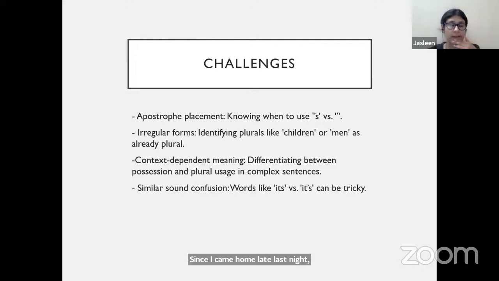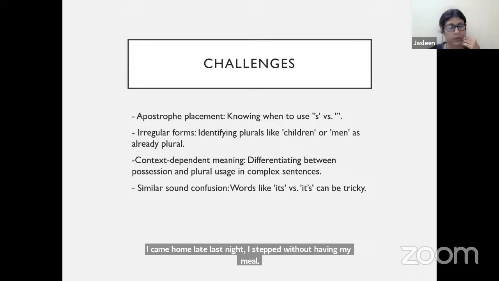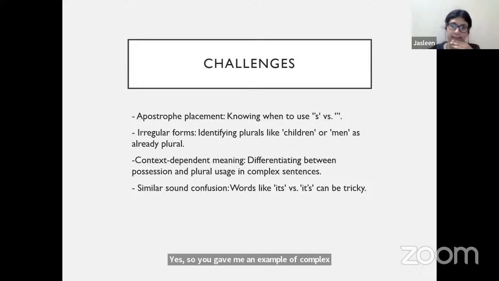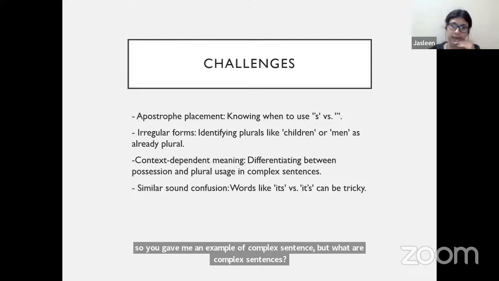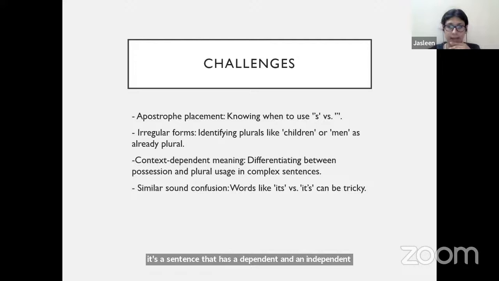Yes, so you gave me an example of a complex sentence, but what are complex sentences? It's a sentence that has a dependent and an independent clause. Perfect. So a complex sentence will always have more than one subject, more than one verb, and might have more than one object too.